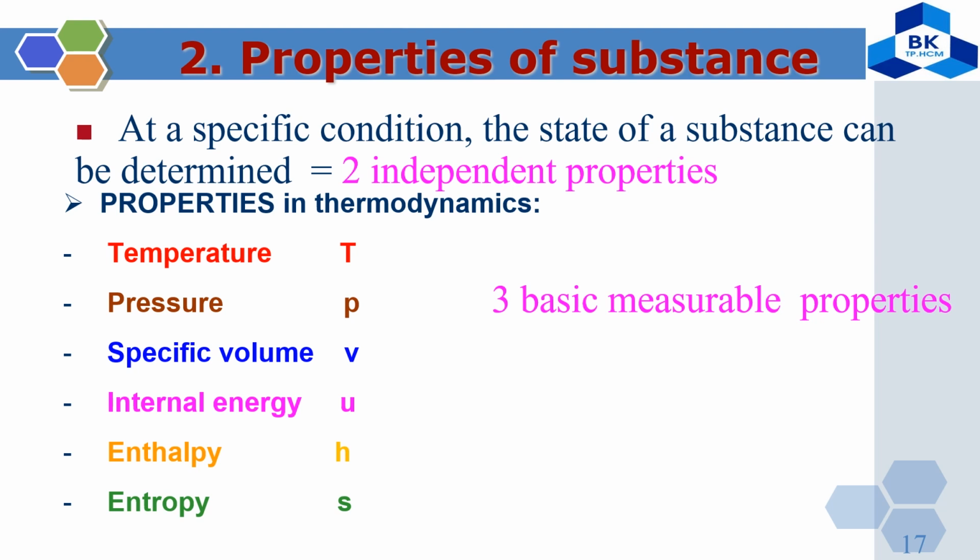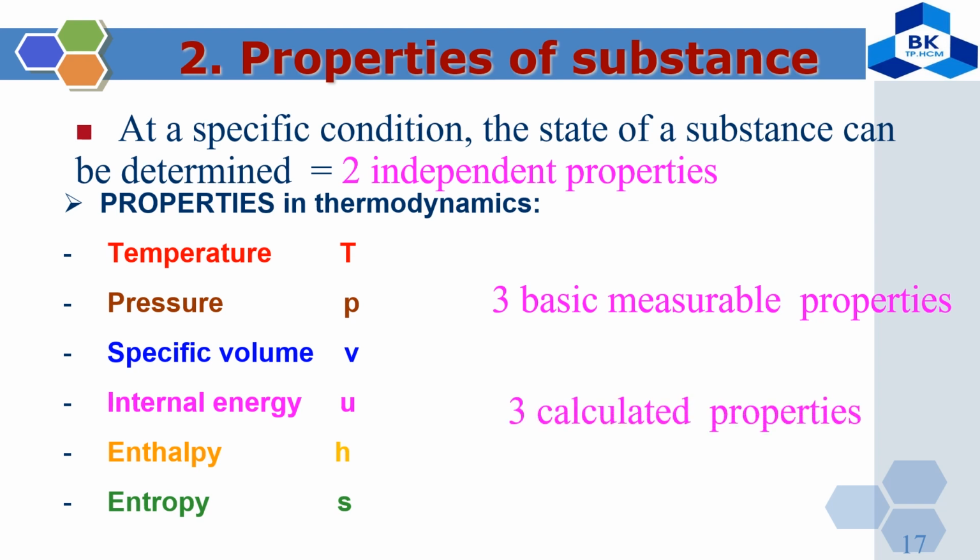These three properties can be measured. You can measure the temperature, you can measure the pressure, and for the specific volume, you measure the weight, you measure the volume, and then you can work out the specific volume. So these three properties we call the three basic ones, and they are measurable.